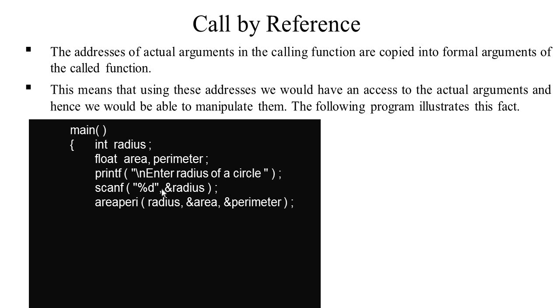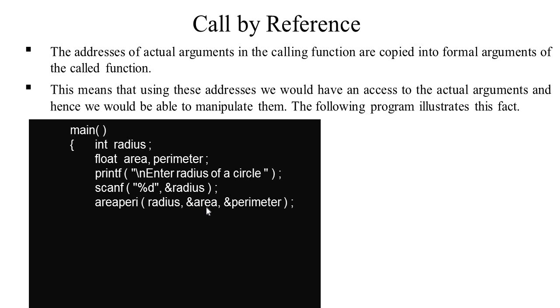Over here you can see we are passing the address of the radius variable. So in call by reference, in this method of passing values to a function, we are passing the address of the actual argument. Over here you can see it is not a simple area, it is the address of area.